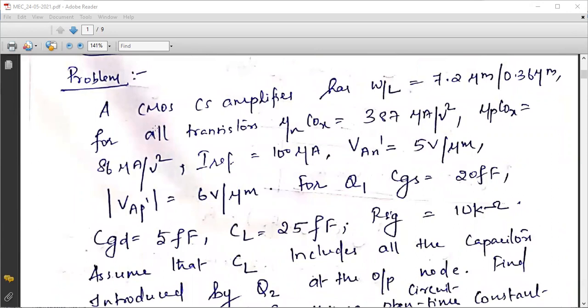A CMOS CS amplifier has W by L equal to 7.2 micrometer divided by 0.36 micrometer.